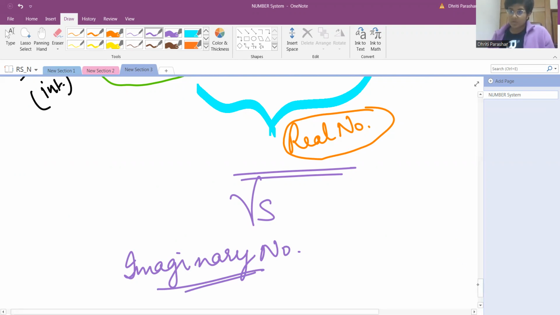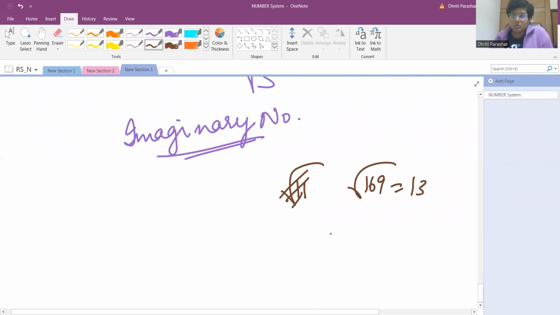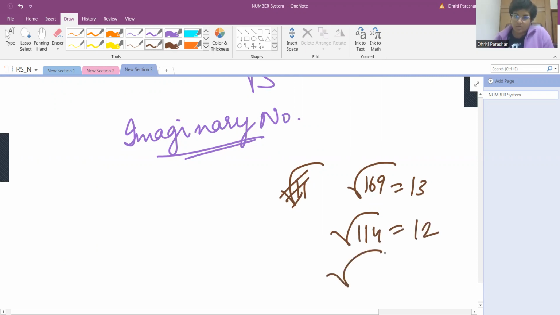I'll just give you a couple of examples for you to ponder upon. For example, let's keep this simple, root 169. 13, we all know. Root 144, 12. Root 256, 16.